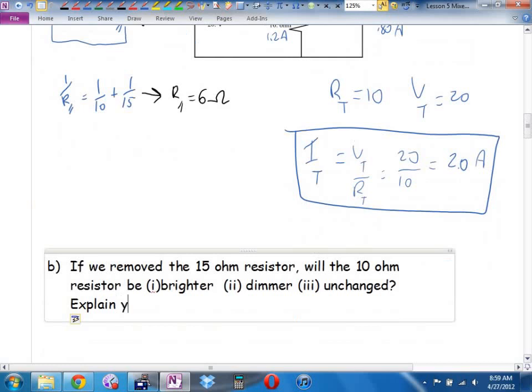Explain your answer using principles of physics.